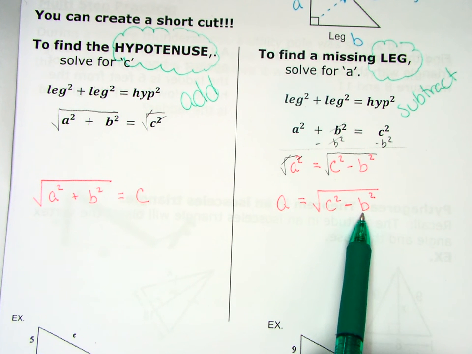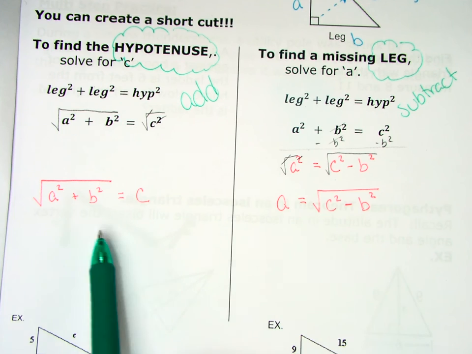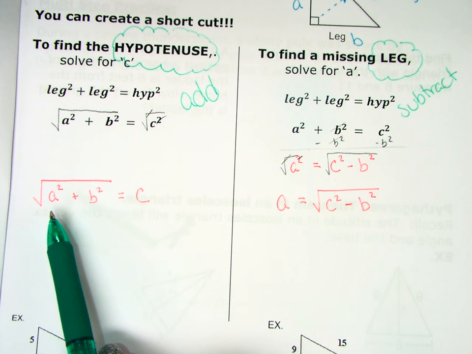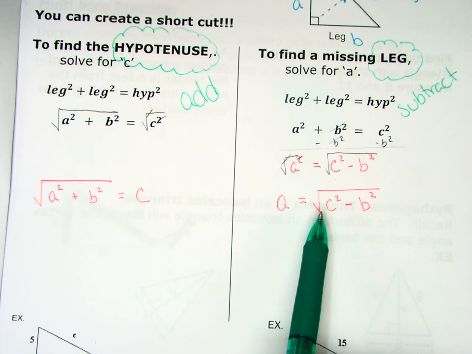So what I'll do so that I don't make a mistake is I just remember that the c is the biggest number. And so this big number has to go in first out of my two sides that I have. Over here, it doesn't matter if I put the big number or the small number first. So if I put the big number first over here, I'm going to get the correct answer. Over here, I have to put the big number in first to get the correct answer.